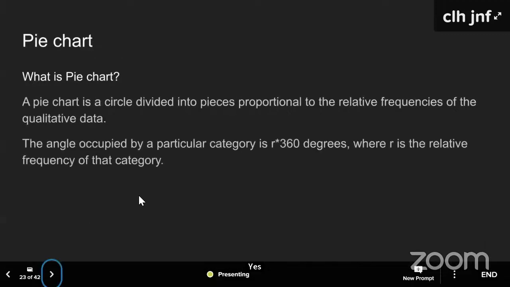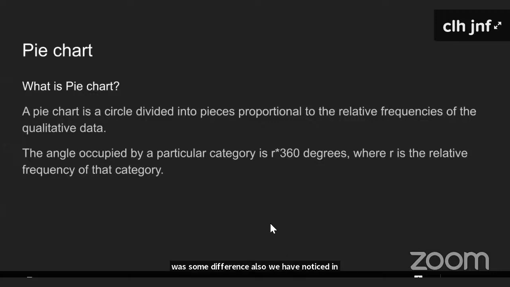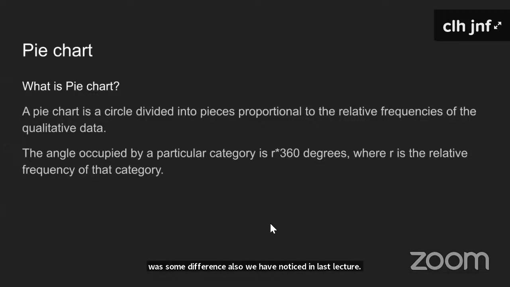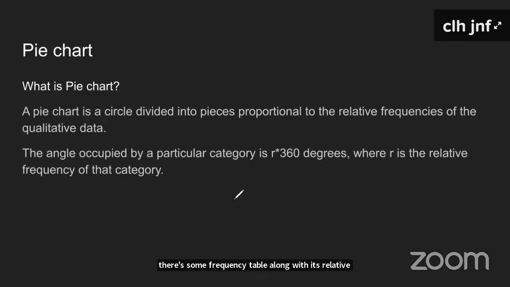Then there was a pie chart. What it was representing: a circle divided into pieces, which represent the proportion of the relative frequencies for the given data. And there was some difference we noticed in the last lecture, about the criteria for when to use what: if a frequency table along with its relative frequency is given, and you are asked to plot a chart, then which chart will you prefer?